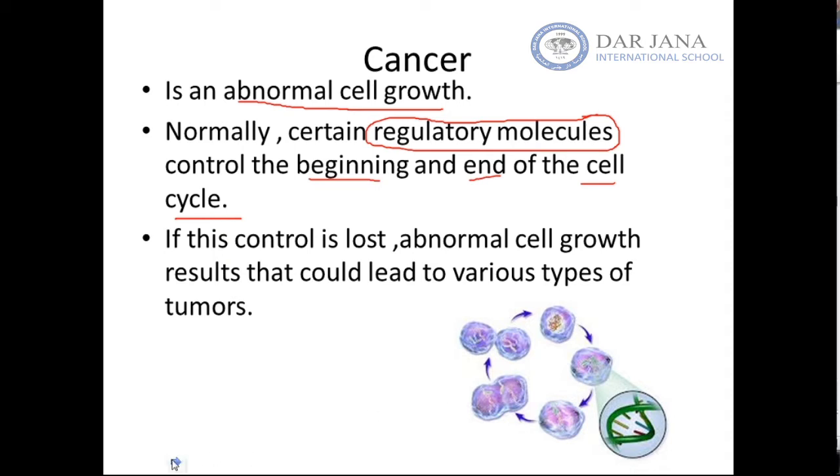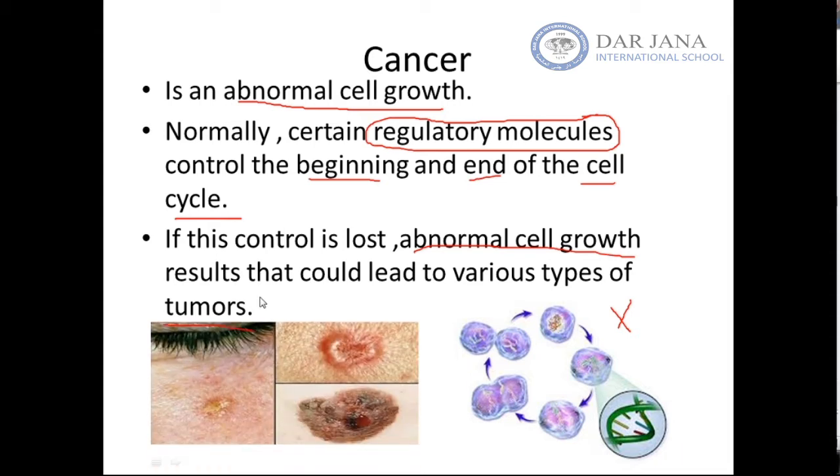Now, if this control is lost, the cell is dividing in an uncontrollable way. This will lead to abnormal cell growth. In other words, it will lead to cancer or a tumor, as the one shown in this figure.